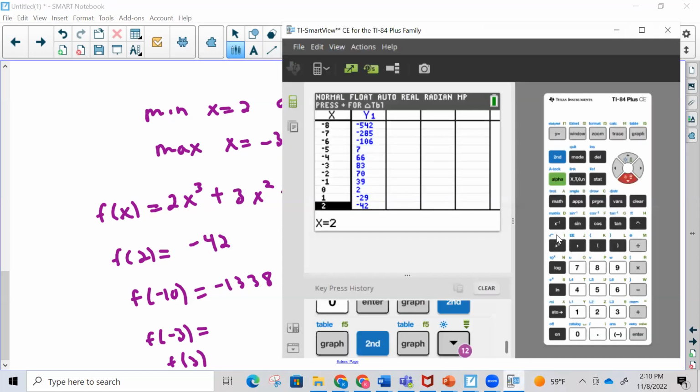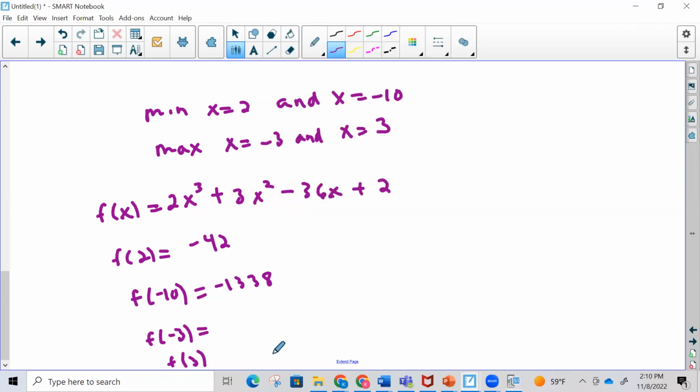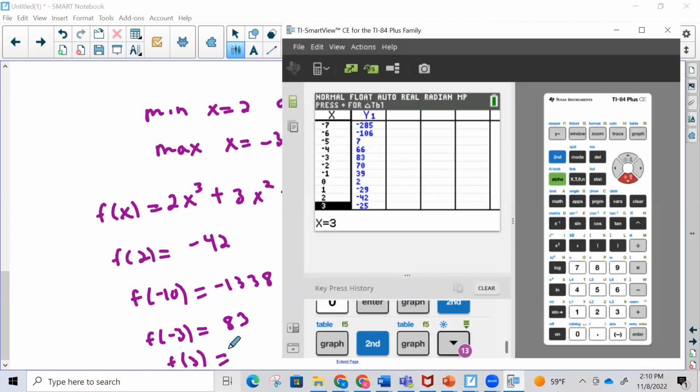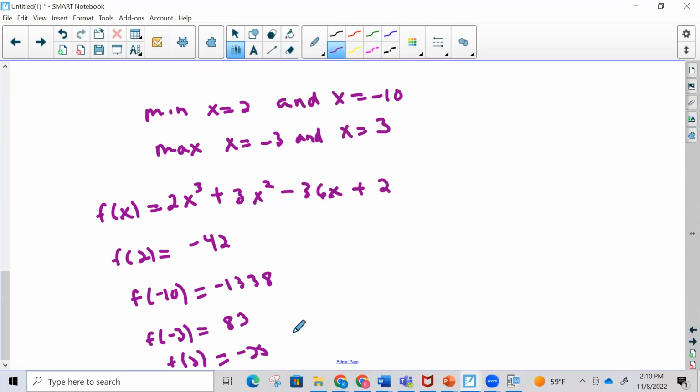At x equals -3, it's 83. And at x equals 3, it's -25. Okay, and again, this is a min, this is a min, this is a max, and this is a max. And even though it's -25, it's a max because it's just a relative max.